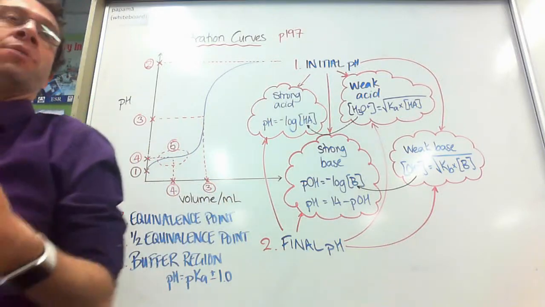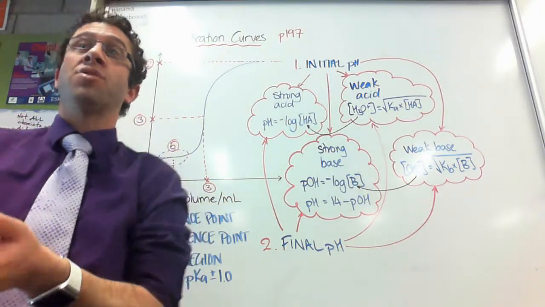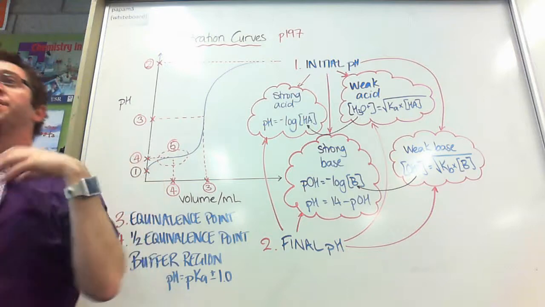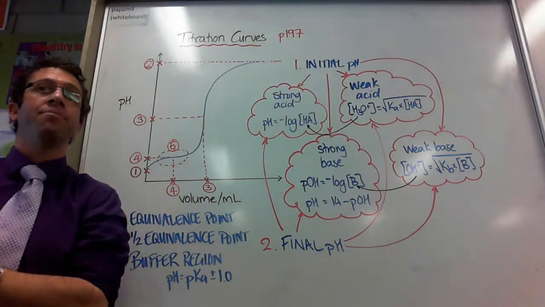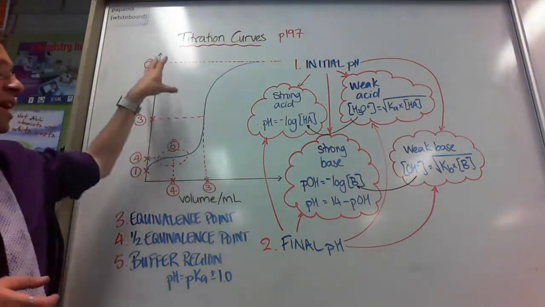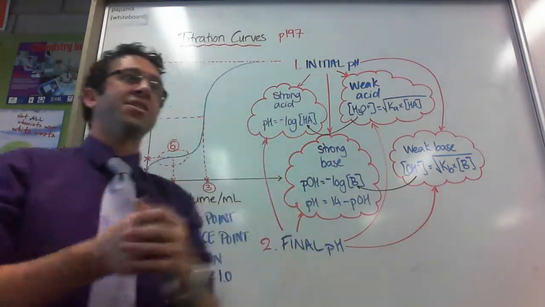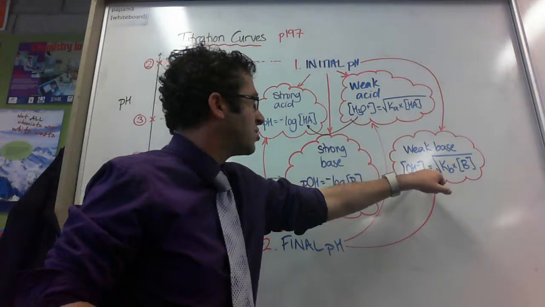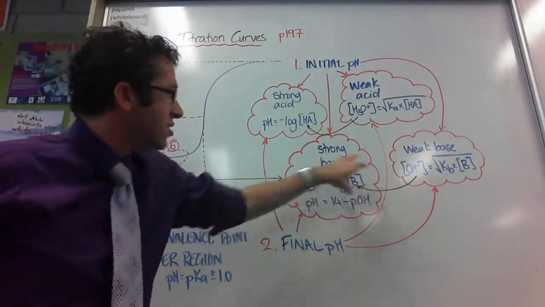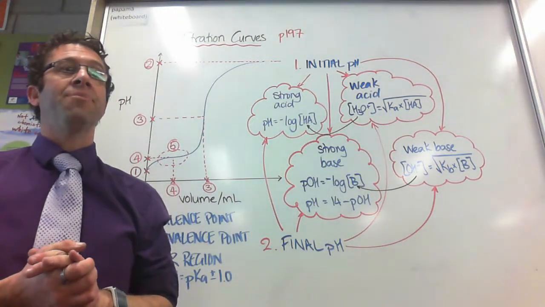If, for example, it was 0.1 mole per litre sodium hydroxide, I know that number 2 is a pH of 13.0. If, however, it's a weak base we're working with, we know we have to use Kb and so on, and then substitute in our hydroxide ion concentration to this calculation here.